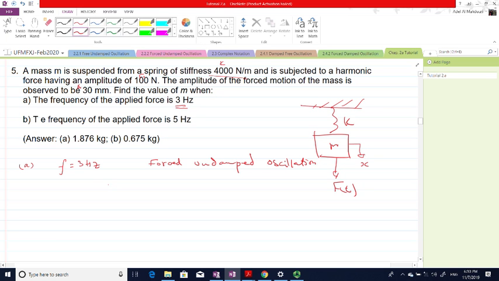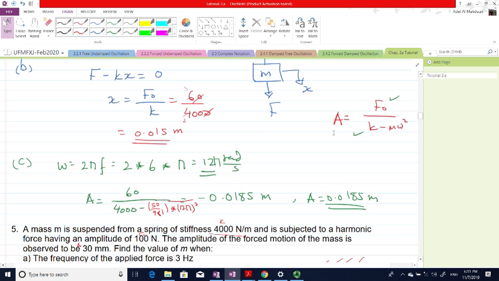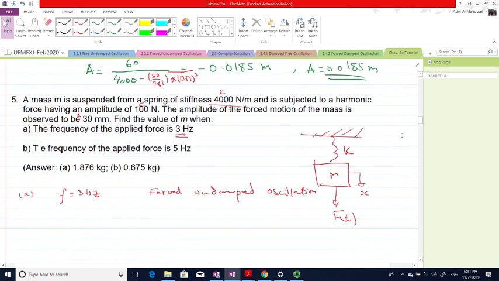We will apply the formula. You remember the previous question? The amplitude is equal to F naught over K minus M omega squared. What we need to find is the value of M, which is the mass in kilograms. So let's write the formula: amplitude equals the force amplitude over stiffness minus M omega squared.